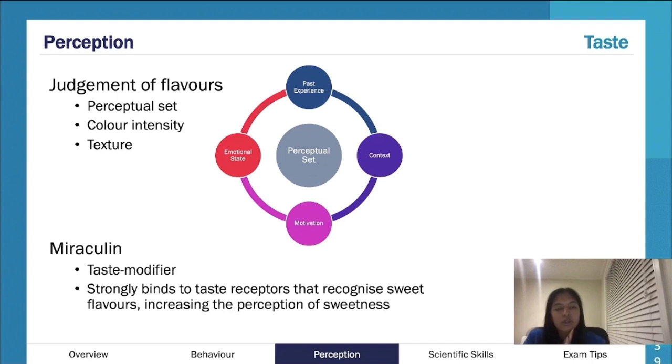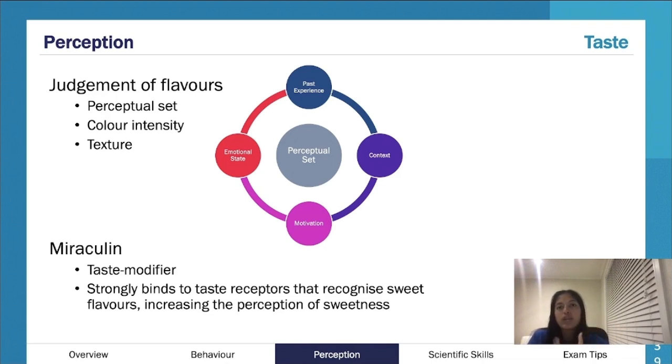You need to be aware of this thing called miraculin. If you guys have heard of miracle berries, they make everything taste sweet. It's a little chemical, and it binds to the front part of the tongue, which is what tastes sweet stuff. It binds to taste receptors there quite strongly, and basically acts upon them and activates them a little bit more.